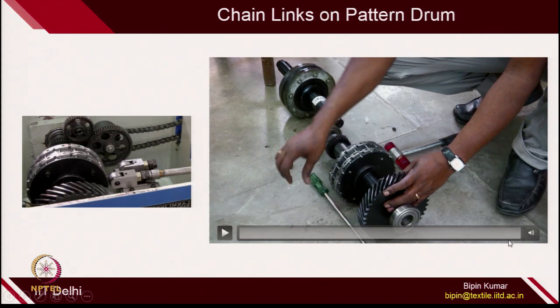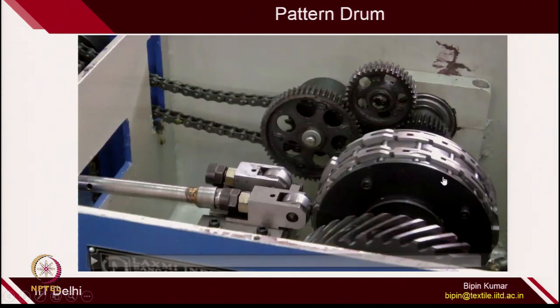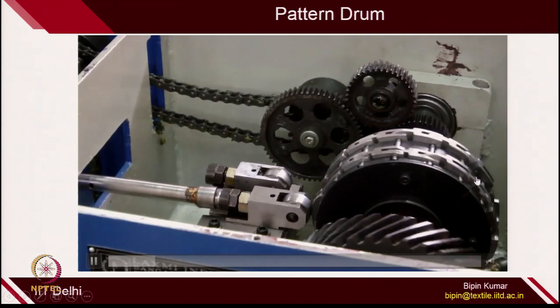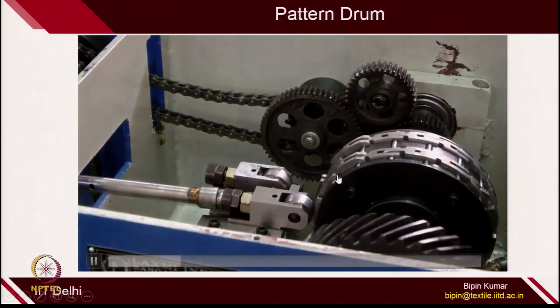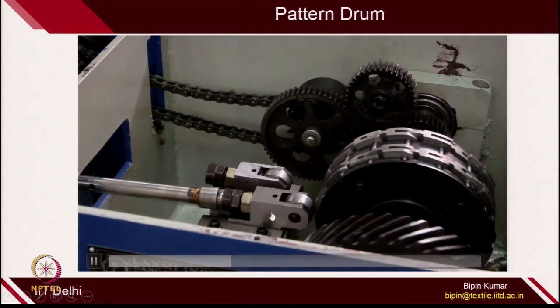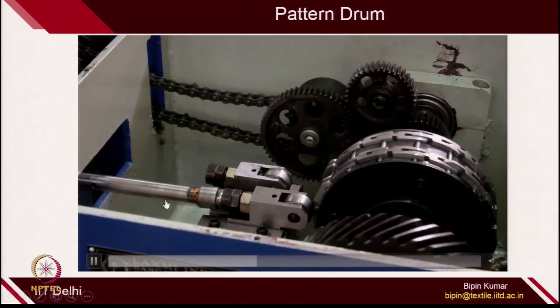This is how the arrangement of chain links on the pattern drum is done. Once the pattern drum has the chain links, the follower follows the path of the chain links, which have different heights depending on the type of chain you have used, and because of that you get the sagging movement of the guide bar.